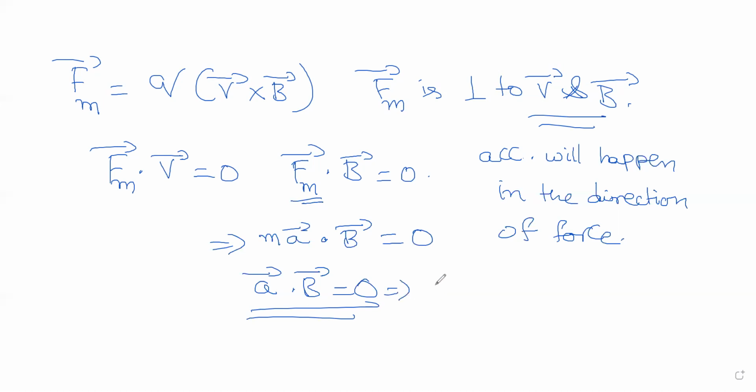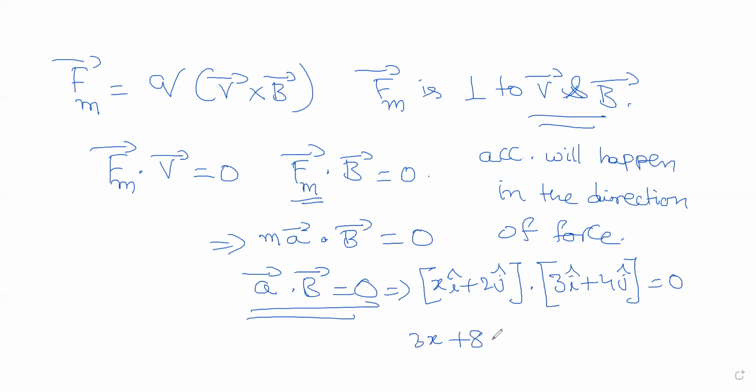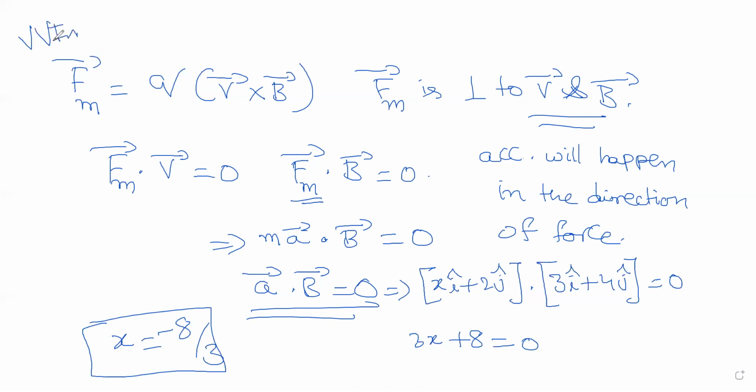So we have acceleration x i cap plus 2j cap dot b bar, 3i cap plus 4j cap, equal to 0. When you make the dot product, you get 3x plus 8 is equal to 0. x is equal to minus 8 by 3. Hence the answer. I term this as a very, very important question.